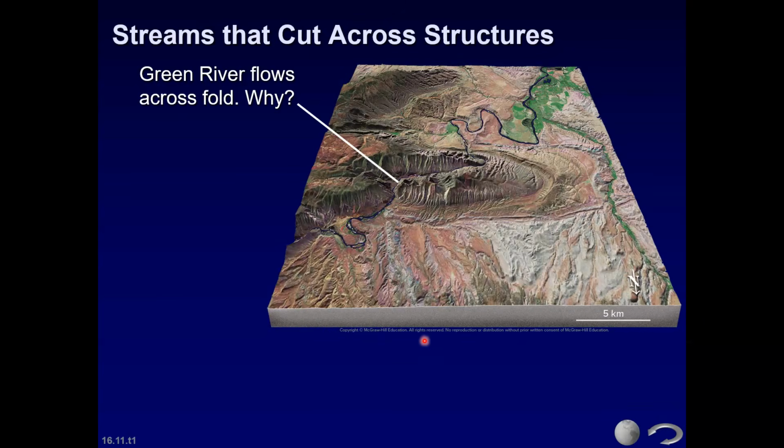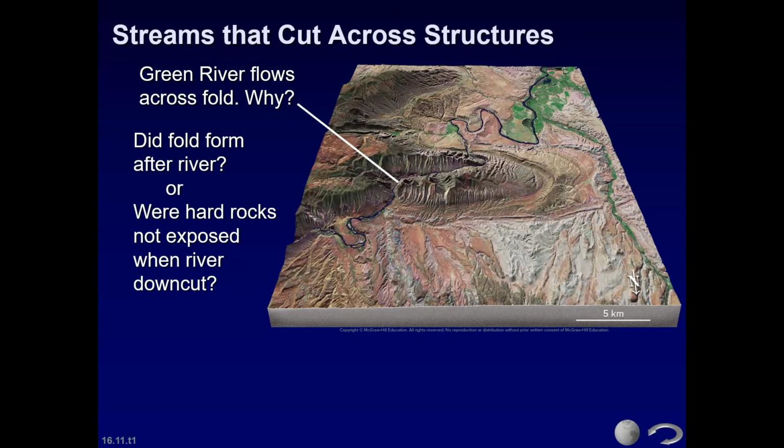Streams can also cut across geologic structures, such as this large anticline. This is the Green River. It flows across the fold. So why is that? The Green River flows south. It cuts across the large anticline at Split Mountain, and that's in Dinosaur National Park in Utah.